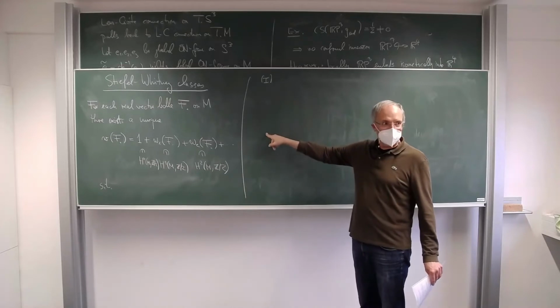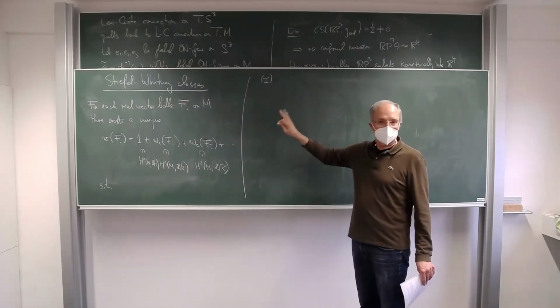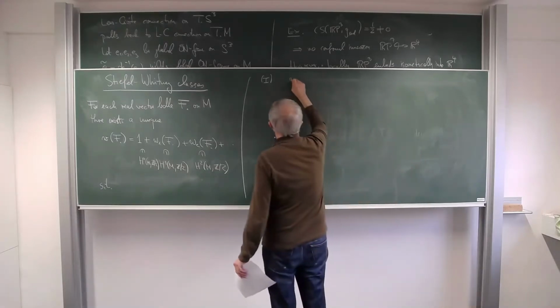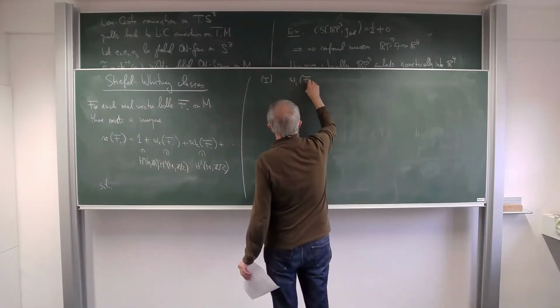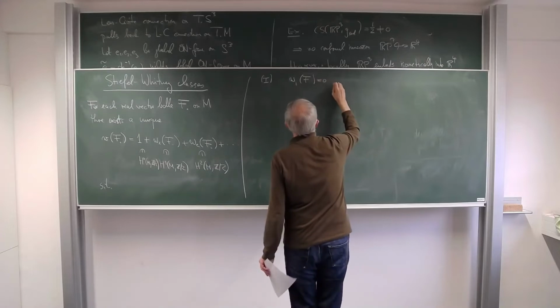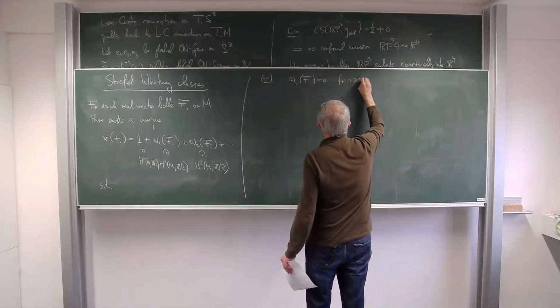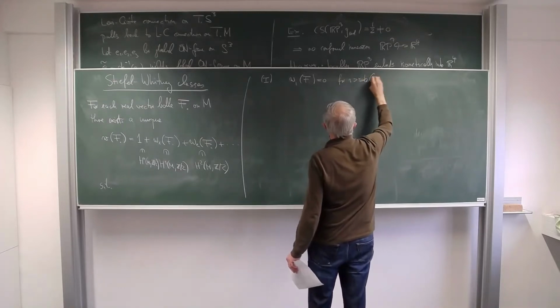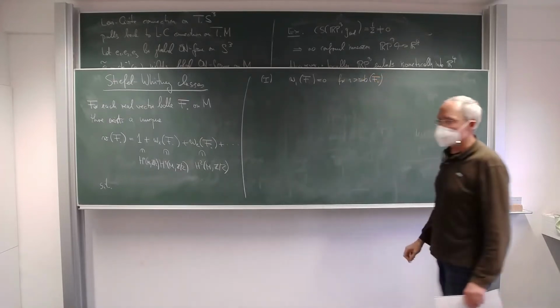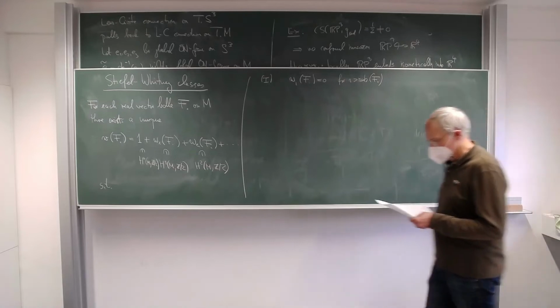I will list 4 conditions here, which are in complete analogy to the ones for Chern classes. So Wi of F is 0 whenever i is larger than the rank of the bundle F, that is, the dimension of F. So that's the first thing.